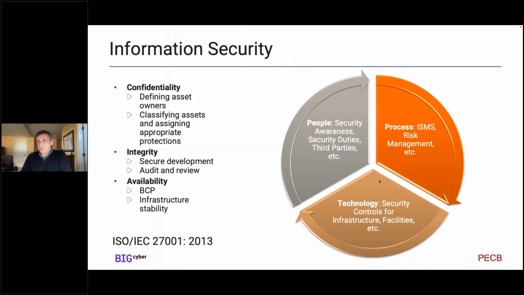So let's look at information security. Defining your asset owners sounds familiar, I know, but this is really important on the confidentiality side in the CIA Triad. When it comes to information security, I need to know who owns what, and classifying the assets and assigning appropriate protection. So this is where risk management comes in on the confidentiality side.